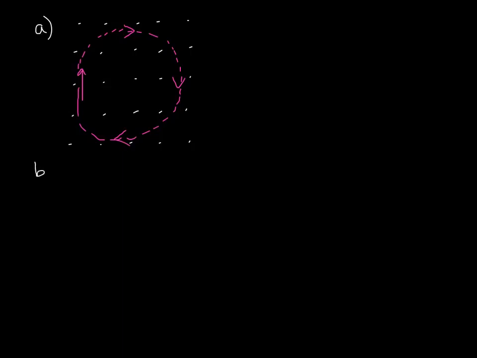In part B, quantitatively describe the path of the proton. So quantitatively means we're going to have to include some numbers. The easiest thing to do is just calculate the radius of this circle, which is mv over qB.